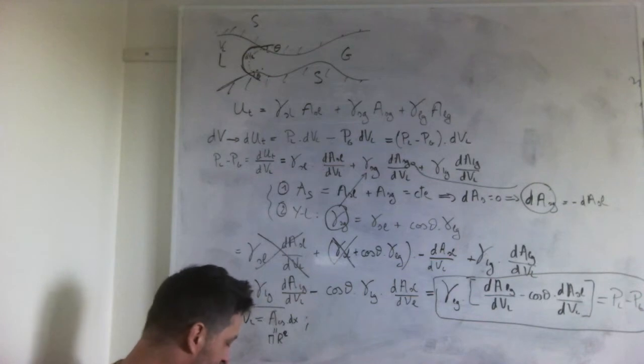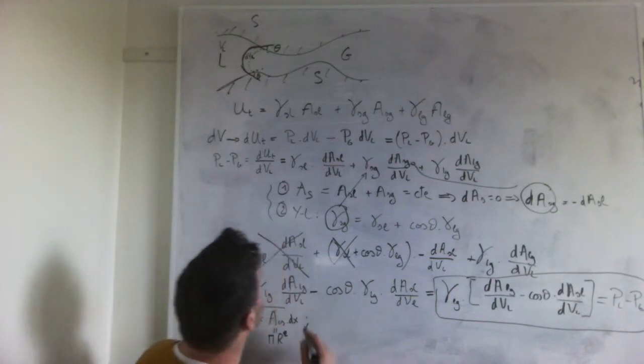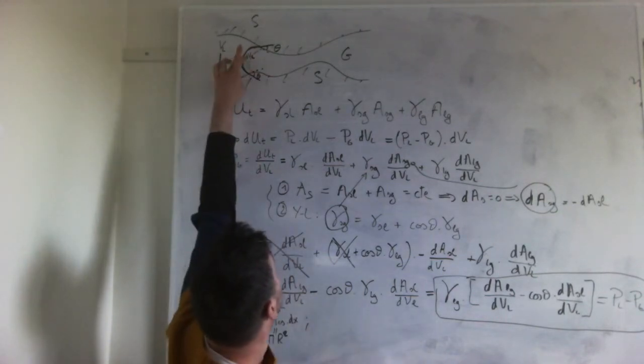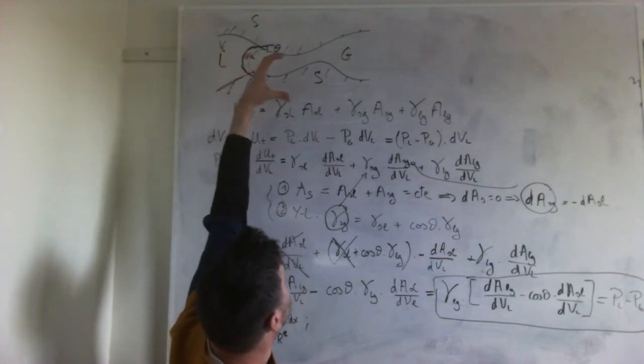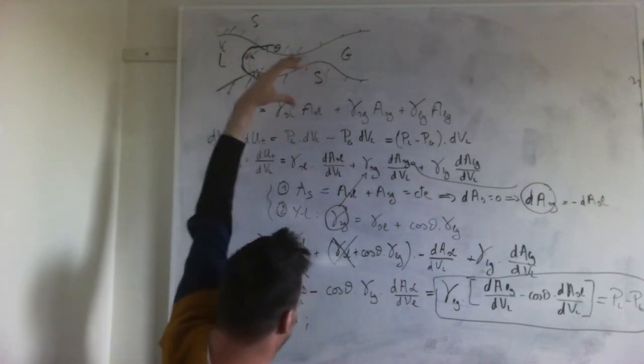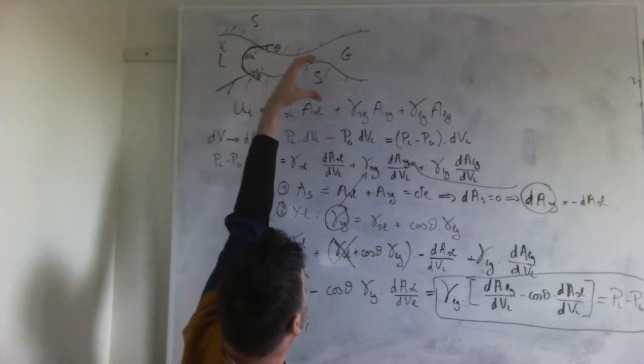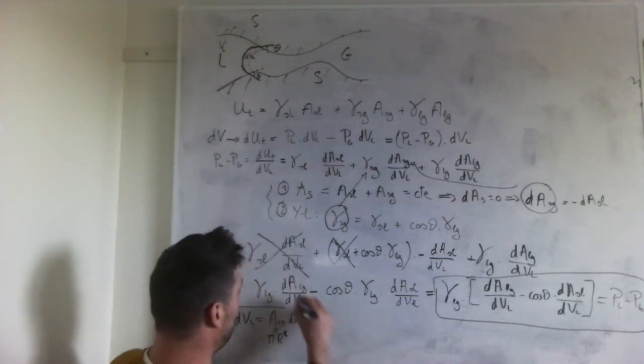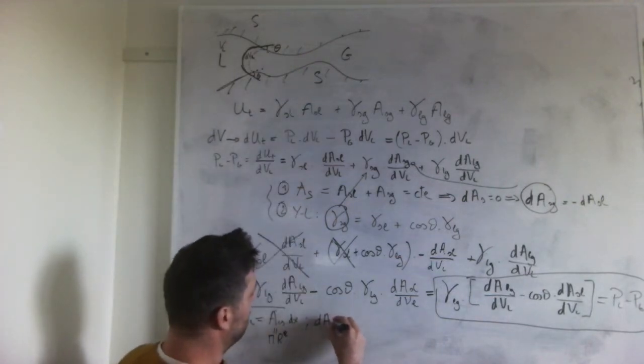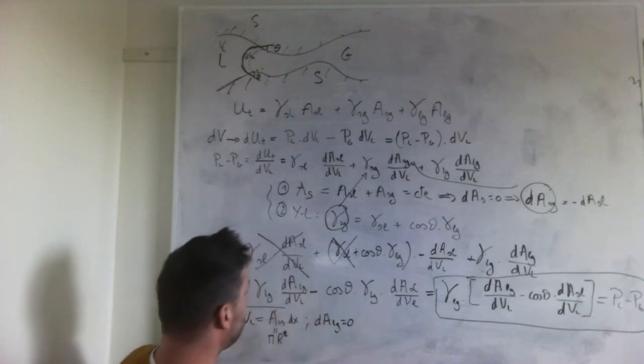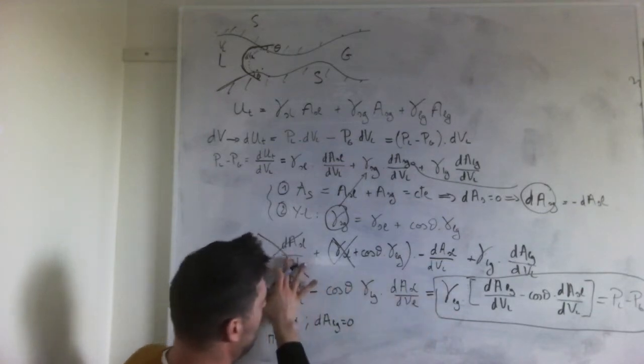I also know that in the cylindrical channel, if my liquid front moves, the liquid gas front is at any moment exactly the same spherical surface. So the liquid gas front does not change and its area does not change, and therefore I know that dA liquid gas must be 0. So this term here will fall away already.